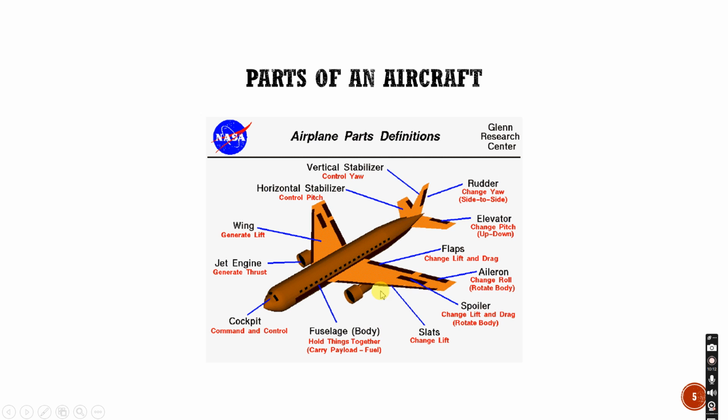The part which is very important in an aircraft is the fuselage. This is exactly the part which is required in an aircraft to, let us say, have a mission. We need this particular part. So the fuselage, or the body of the aircraft, will basically hold things together.